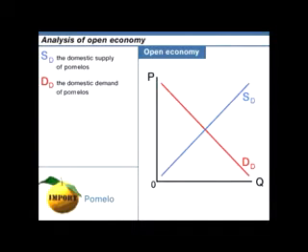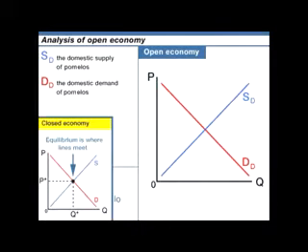Now, if this were a closed economy, the price of the pomelo would be determined where the supply curve and the demand curve meet. That is, there is only one price at which the quantity supplied and the quantity demanded are equal. That is, there is one price at which we have an equilibrium. And the quantity demanded of pomelos is on the quantity axis below that intersection. But this is going to be a different story. Rather than considering the closed economy, we're going to consider an open economy.